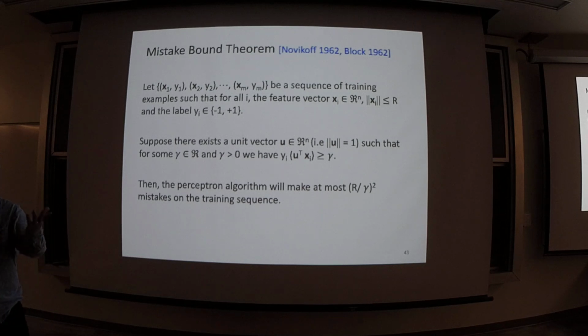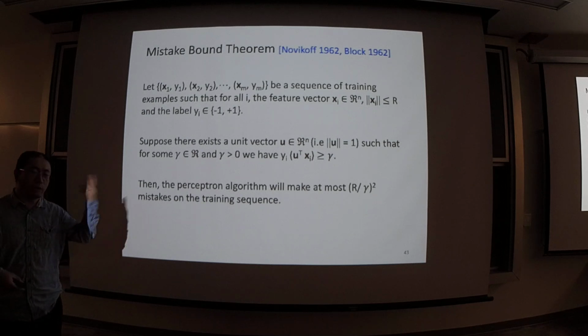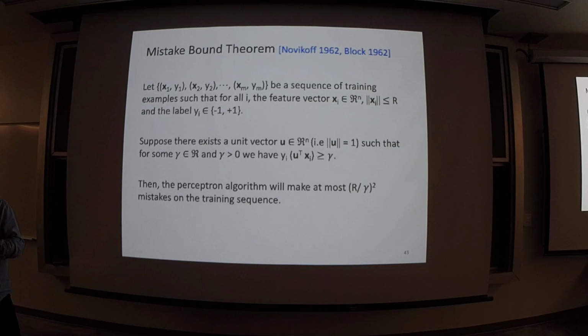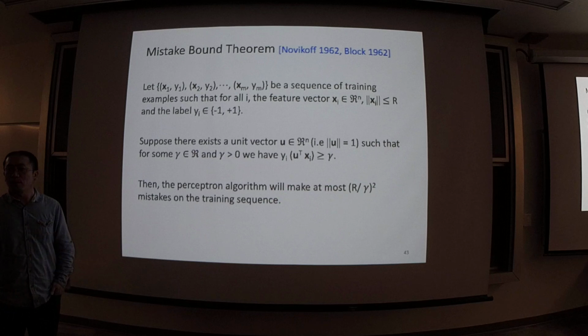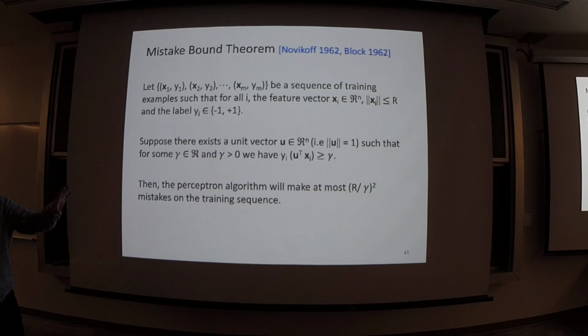Every update you make just one mistake, and only when you make a mistake do you make an update. It tells you how many mistakes you're going to make in total if you keep running the perceptron. After you make this many mistakes, you won't make any more. That means you can stop, because it's meaningless to run the perceptron anymore. You have found a perfect separating hyperplane.